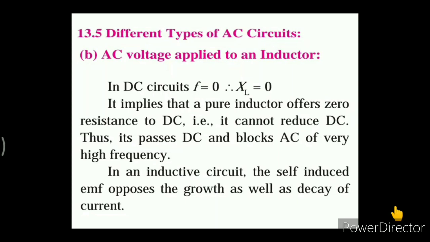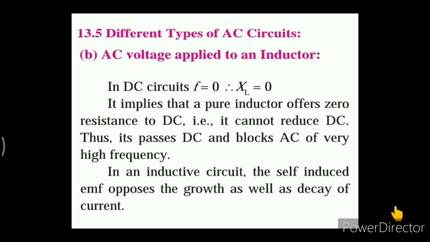So here we have seen that the function of the inductive reactance is similar to that of the resistance in a purely resistive circuit, and it is directly proportional to the inductance L and the frequency f of the alternating current, as XL is equal to 2 pi fL.